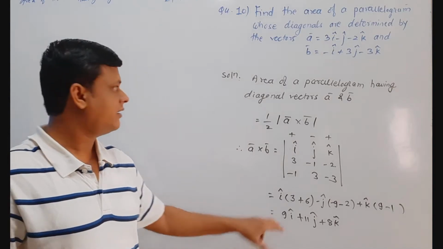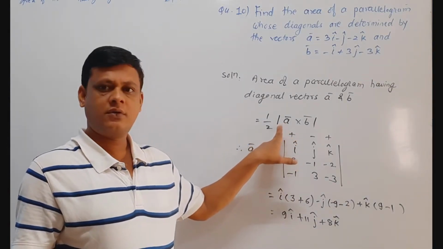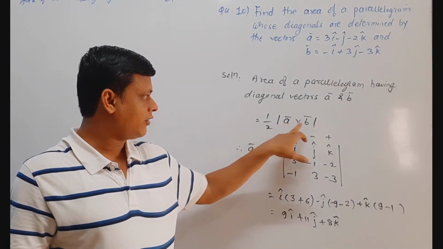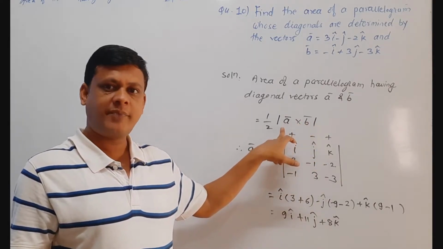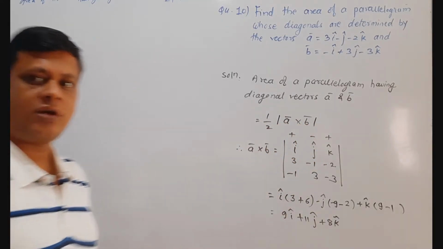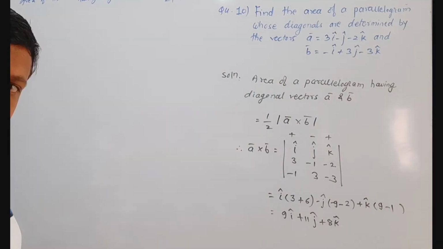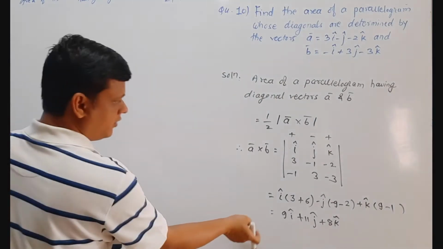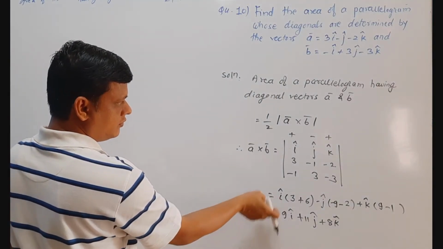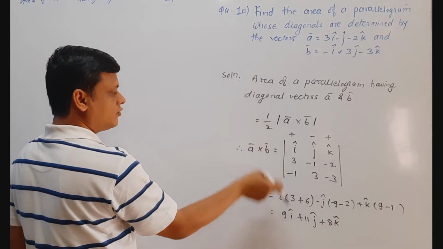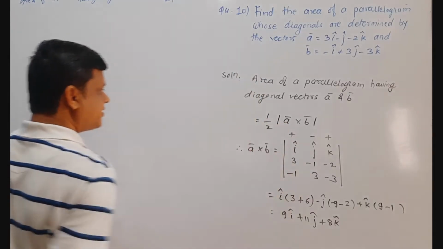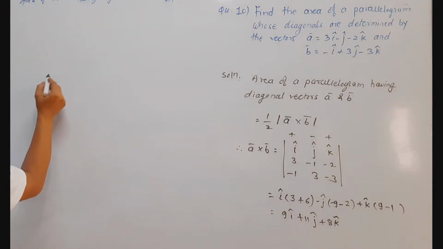Now we have to find the magnitude of A bar cross B bar. So before using the value in this formula we calculate its magnitude.